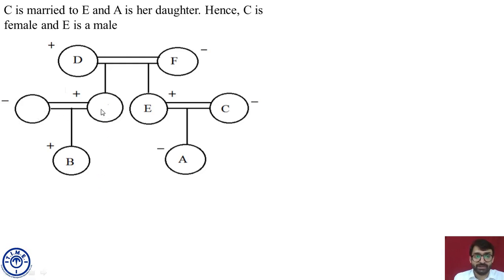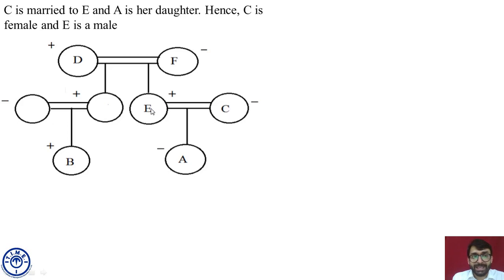Not possible. The left 2 circles of the second generation cannot be used, because it is mentioned C and E are married and A is her daughter. If I place C and E in the left 2 circles of the middle generation, B has to be their son. But it is mentioned A is their daughter. That means they have to be placed in the second generation, in the right couple.